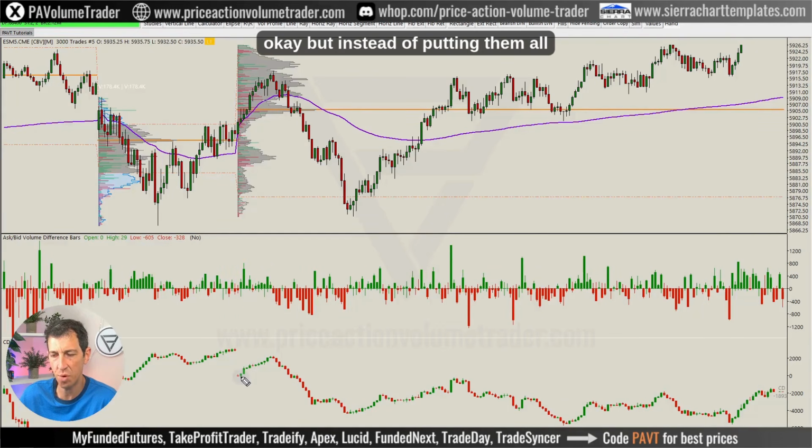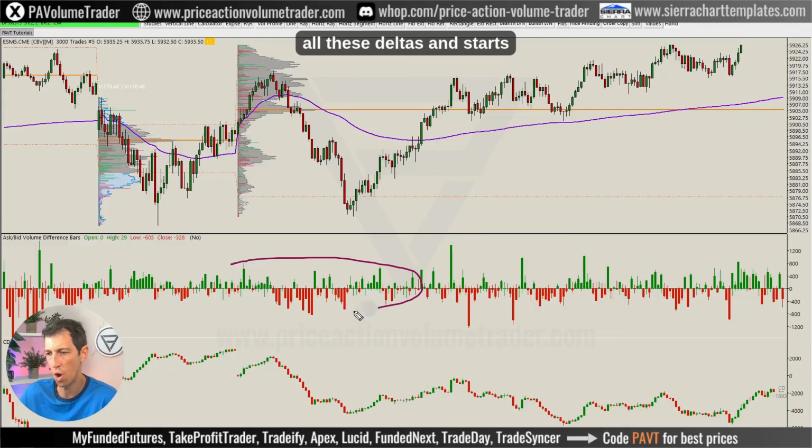But instead of putting them all together one after the other like cumulative delta, it is just placing them from a zero axis and just measuring how much the delta was to the upside or to the downside, okay? So what cumulative delta does is it takes all these deltas and starts plotting them like it was a candlestick chart. So where a candle closes, the next one starts, and it starts adding them up.